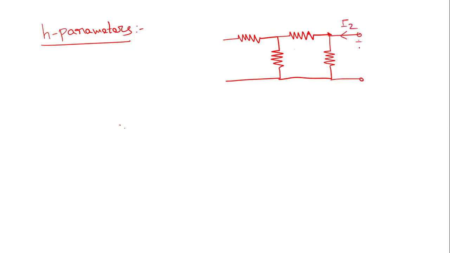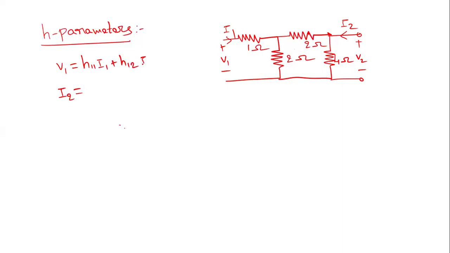This is current I2, this is voltage V2, with a 4 ohm resistor, 2 ohms, 2 ohms, and a 1 ohm resistor. This is V1, this is I1. To find the H parameters, first write down the H parameter equations. V1 and I2 are dependent variables: V1 equals H11 I1 plus H12 V2, and I2 equals H21 I1 plus H22 V2.